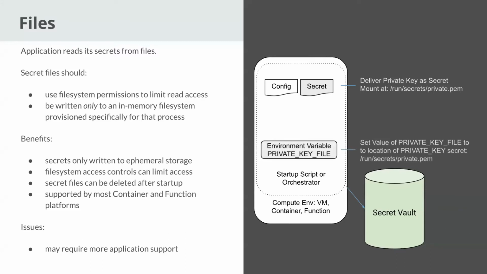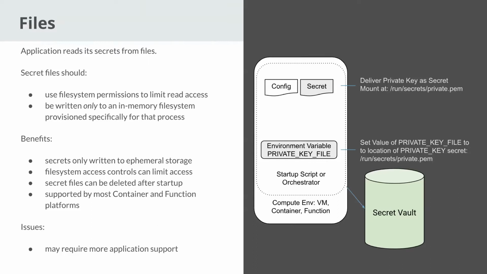And then what your orchestrator or deployment scripter needs to do is typically tell the application, by exporting an environment variable, the location of that secret. So you don't put the secret into an environment variable, but you put the location of the secret on the file system in an environment variable. The orchestrator should also have used file system permissions to limit the file to be read-only and owned by a particular UID, user ID, that the process is going to execute as.